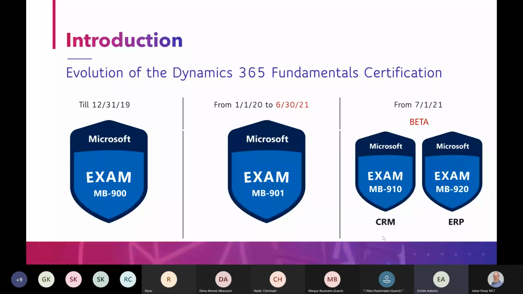But it's going to be deprecated at the end of this June. And then from 1st July, you're going to have 2 exams in order to have the Dynamics 365 fundamentals certification. You're going to have the MB-910 and the MB-920.